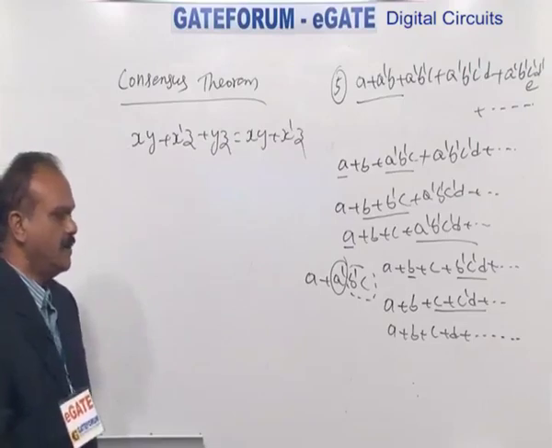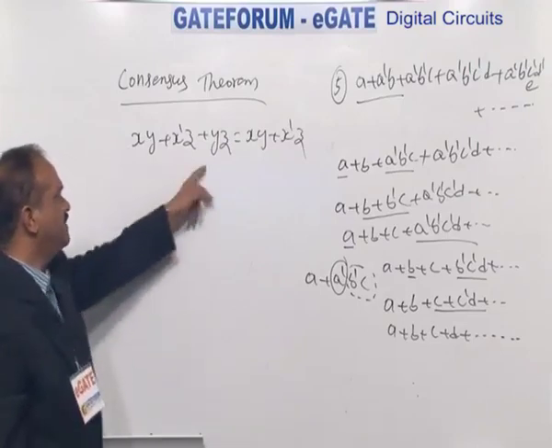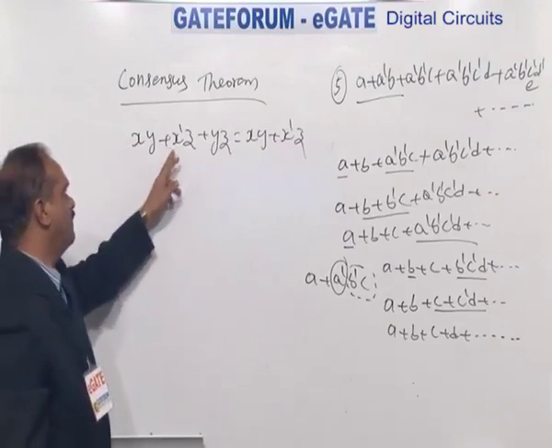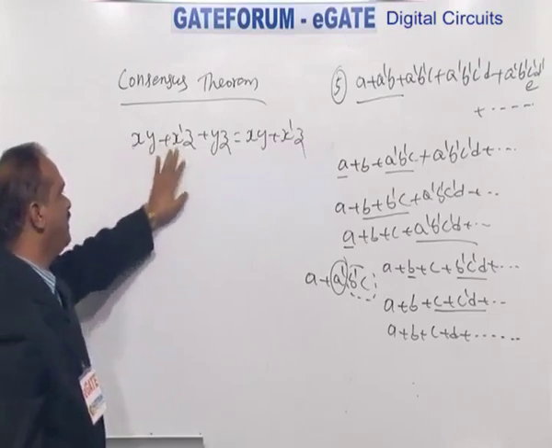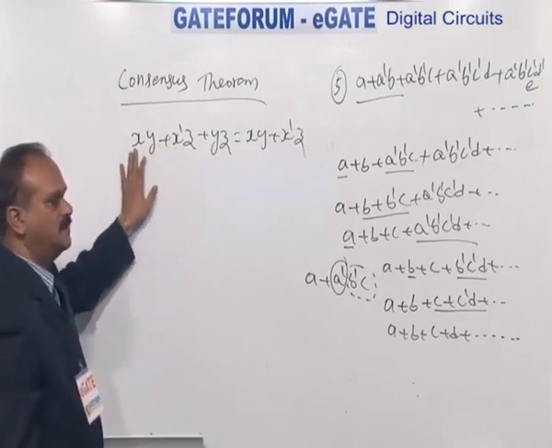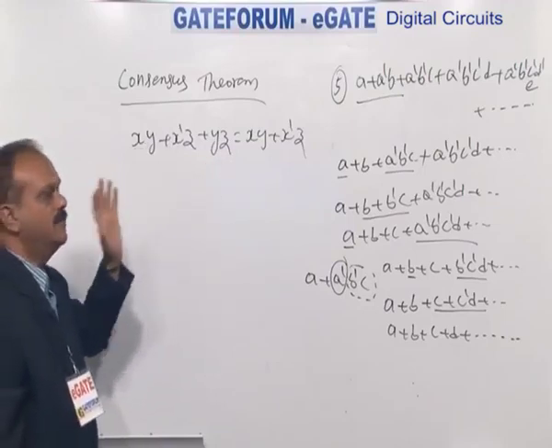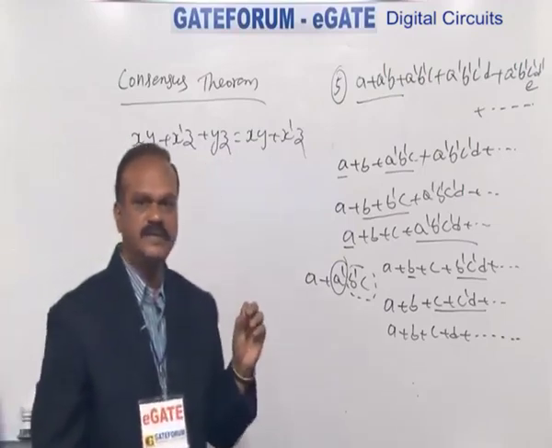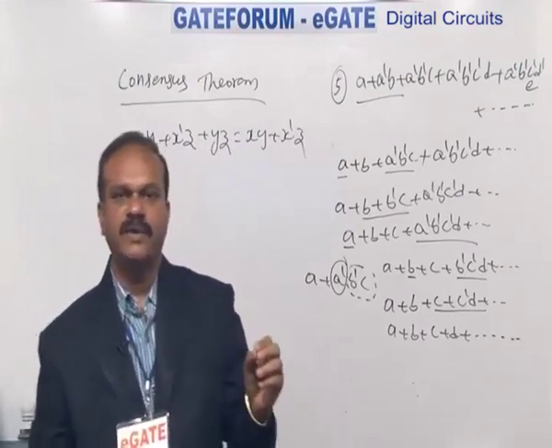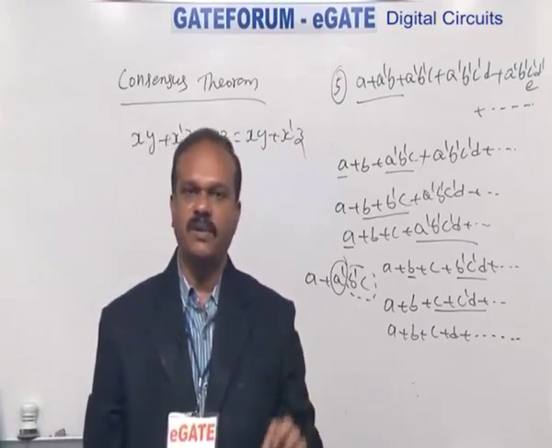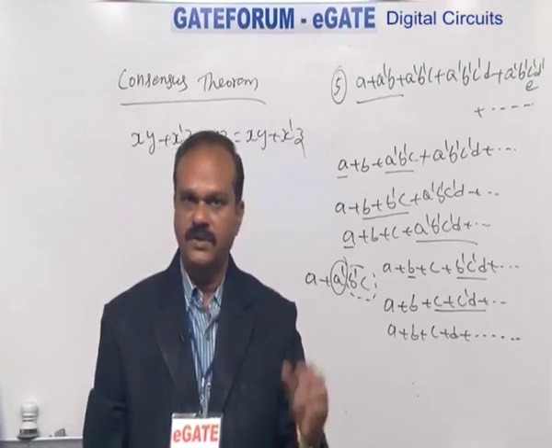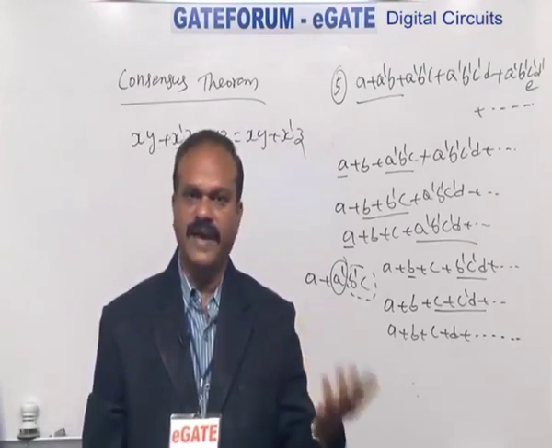I will repeat. The consensus theorem says that if there is a product term obtained from the multiplication factors of a variable in complemented and uncomplemented form, then that product term can be directly eliminated. Here, which variable is like that? x.